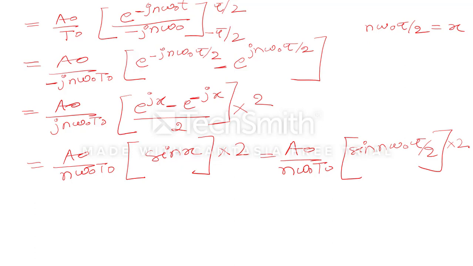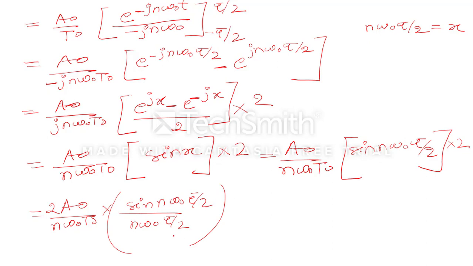If we want to change it into a sinc function, we should have the same value in the denominator. So if we multiply n omega naught tau by 2 over here, with the 2 here, we have sin of n omega naught tau by 2, and since we are dividing by this function, the same function should come in the numerator also.